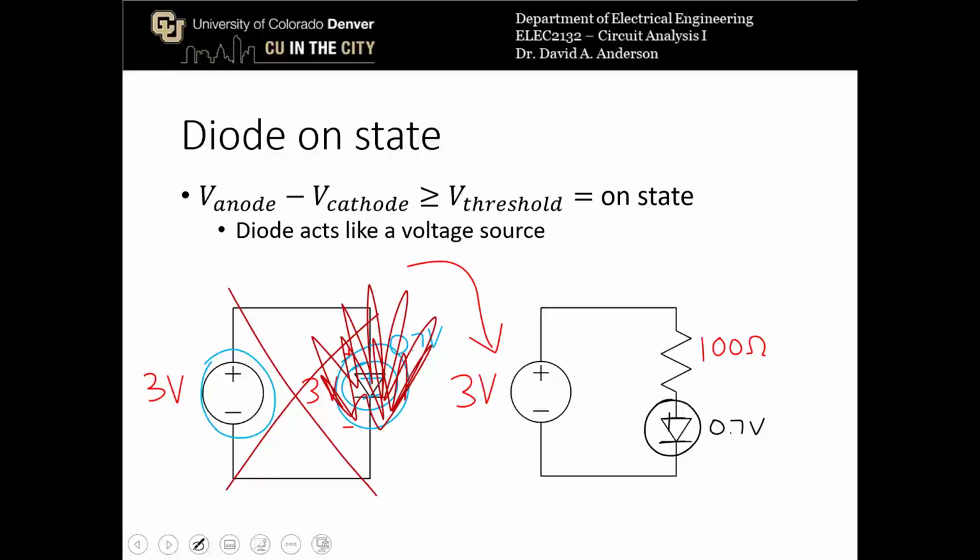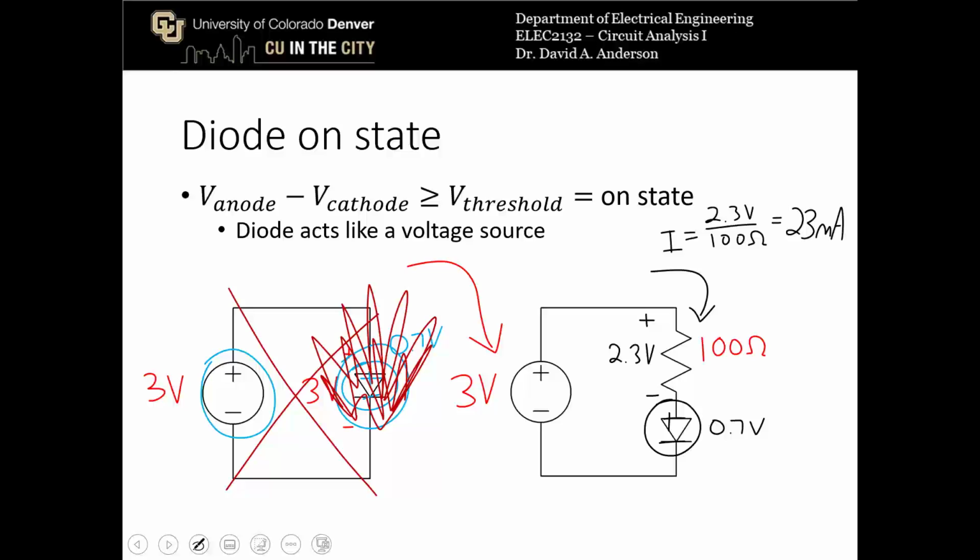And that means that the voltage difference across the resistor is 2.3 volts. And then the current, which is pulled through this circuit, is going to be equal to 2.3 volts divided by 100 ohms equals 23 milliamps.